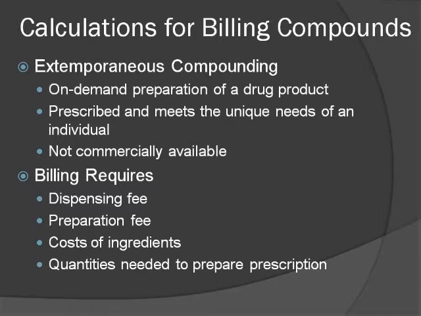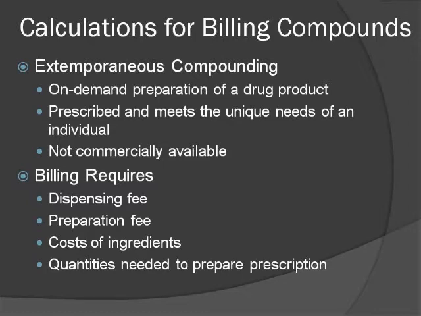And if you remember, extemporaneous compounding is the on-demand preparation of a drug product. It's prescribed and it meets the unique needs of an individual. Remember, I had stated previously that you are making something that's not commercially available.